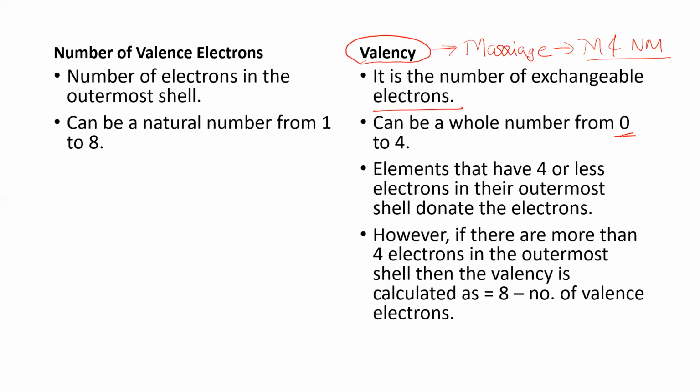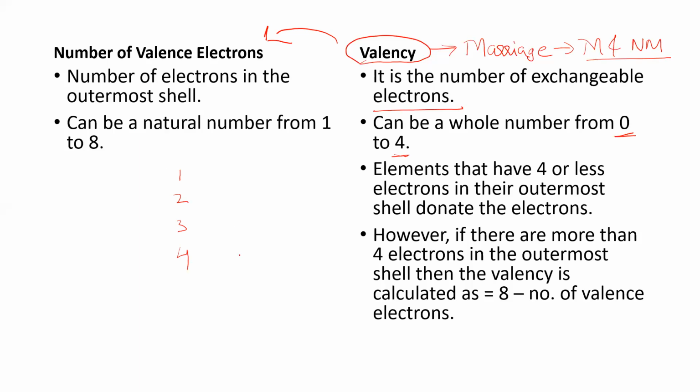And up to 4 marriages are permitted. You'll exchange 1 ring, 2 rings, 3 rings, or 4 rings, but up to 4. Now, we have to take a little calculation for valency from the number of valence electrons. Some of them have 1, 2, 3, 4.